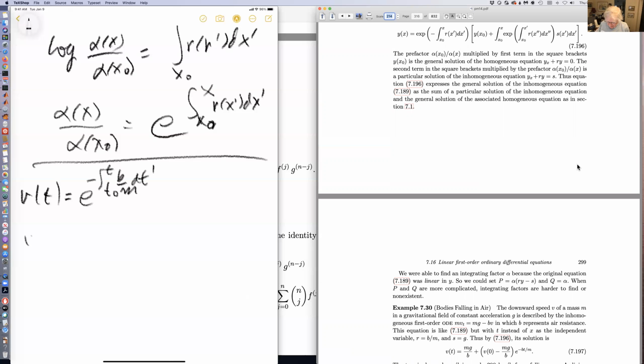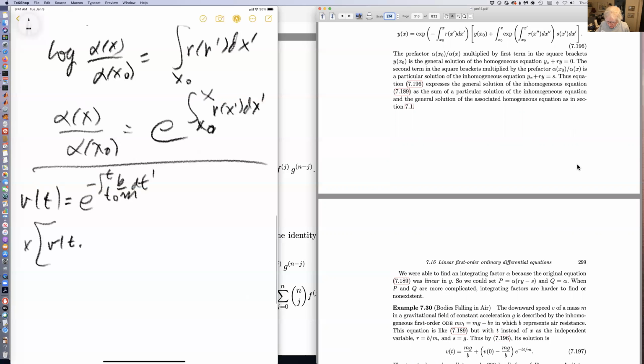And now we multiply that by v of t0, and we add an integral from t0 to t of, and now this is the same thing as the other case. And so this is e to the b over m, and it would be t prime minus t0, I think. And what's s? s is g, dt prime.